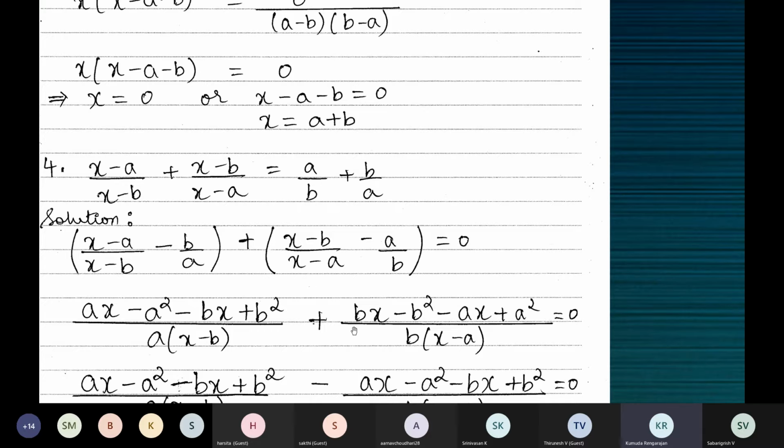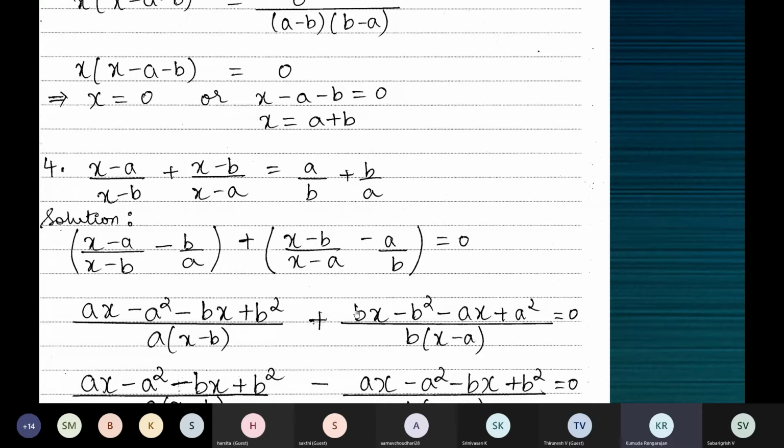We've seen this earlier in trigonometry also. We have 1, 2, 3, 4 terms. When you take a minus common and open a bracket, you should write the opposite signs inside. So bx will become minus bx, minus b square will be plus b square, minus ax will become plus ax, and plus a square becomes minus a square.